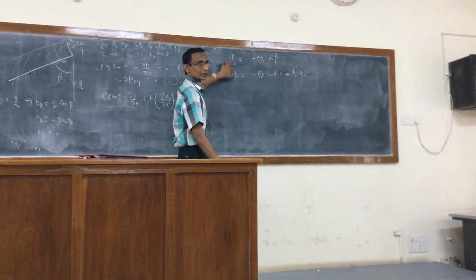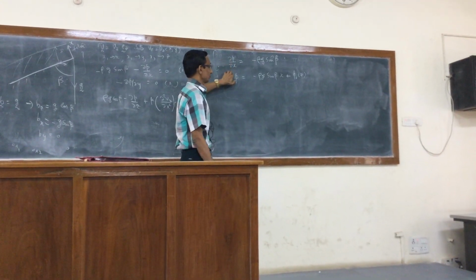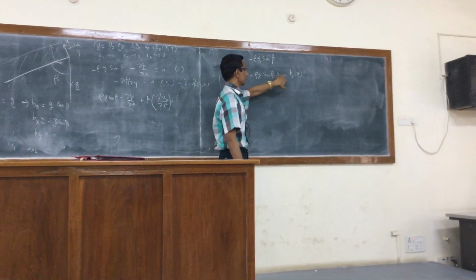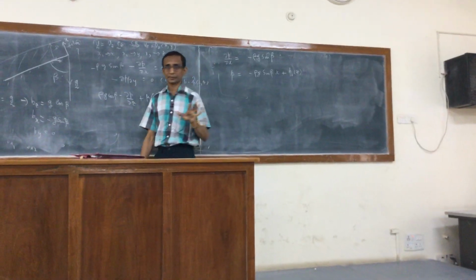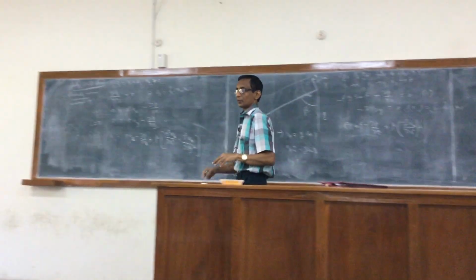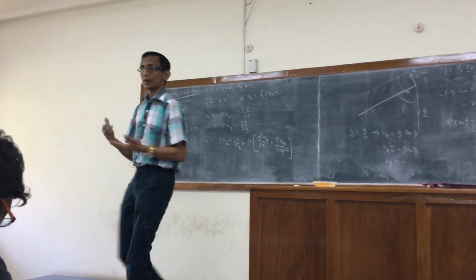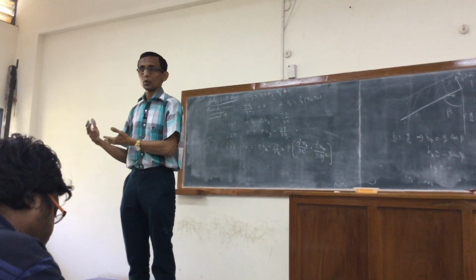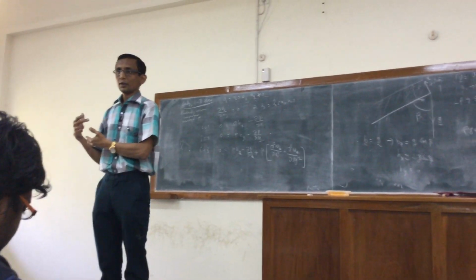I differentiate this with respect to x: dp by dx minus rho g sine theta plus p naught of z.